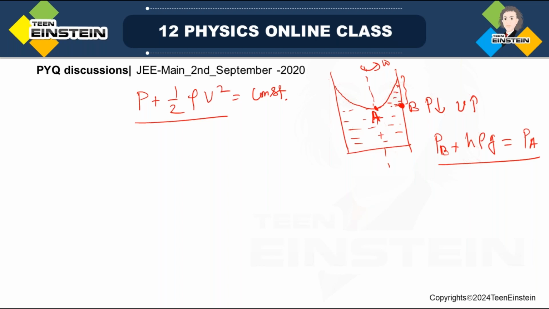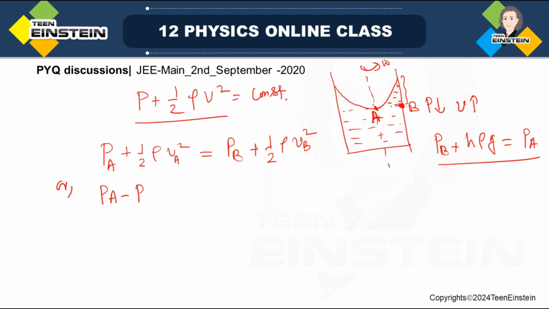Now if I apply Bernoulli's theorem, I can write pressure energy plus half rho v square: PA plus half rho VA square is equal to PB plus half rho VB square. B is this point. Now look what will happen.